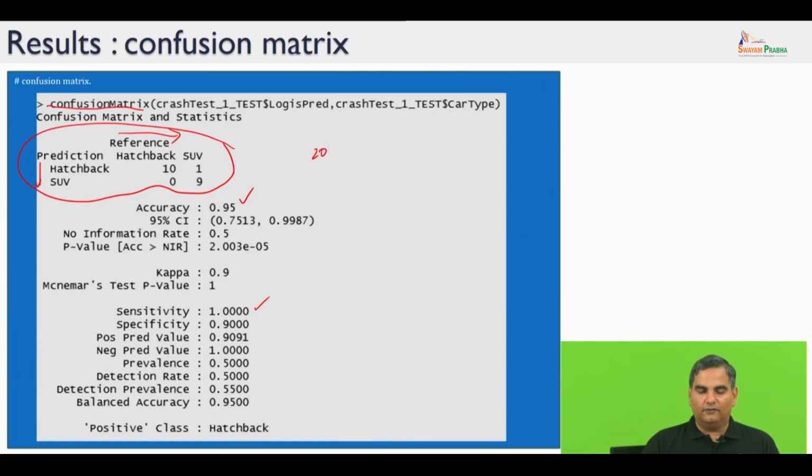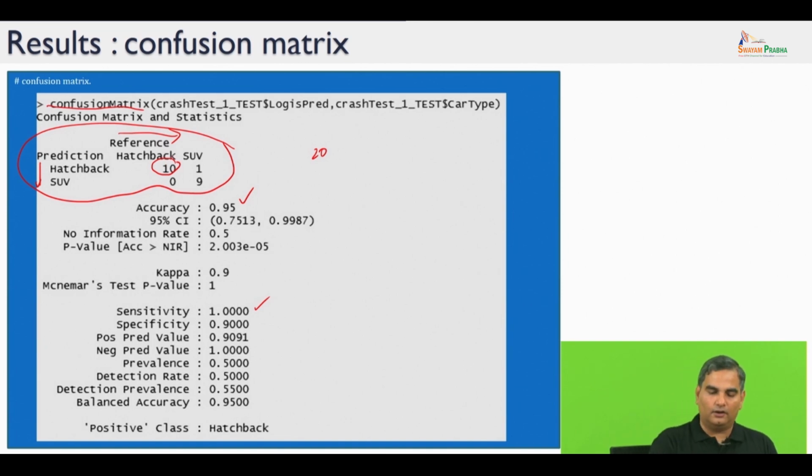Then we could interpret each one of these numbers. This number is a prediction that a car is a hatchback, and the car was truly a hatchback.